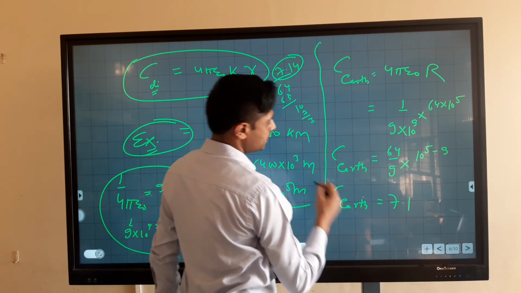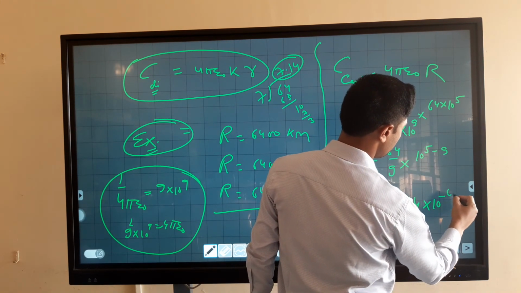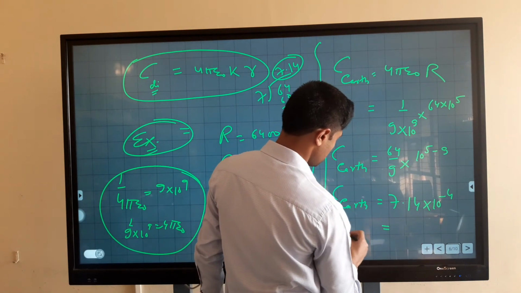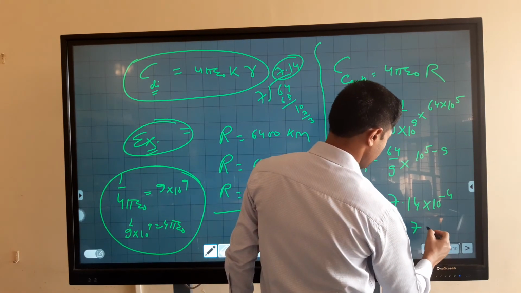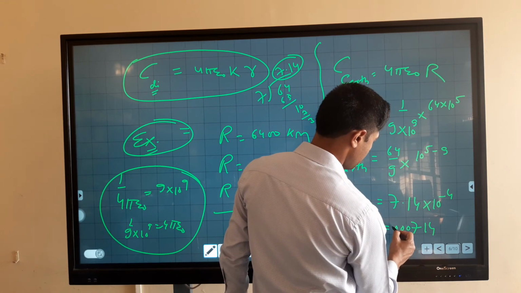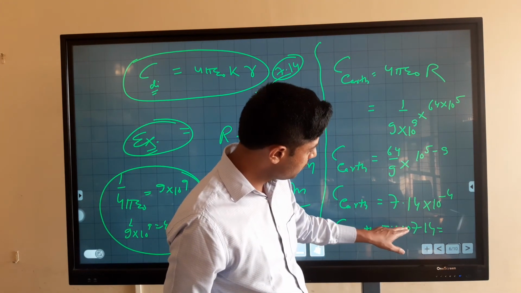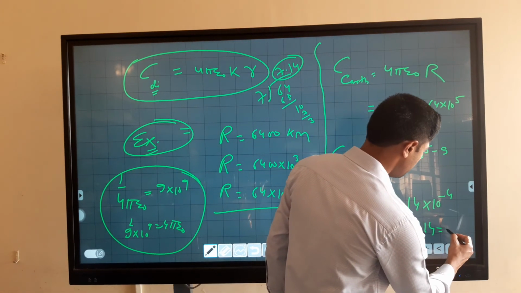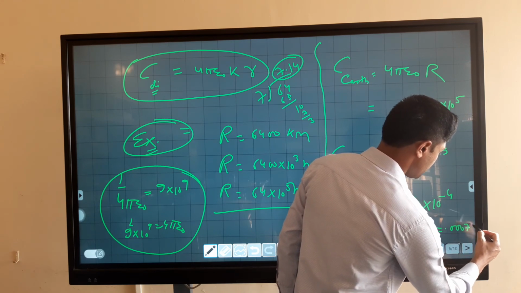It means the factor is 7.1 × 10⁻⁴. So the capacitance of the earth is 0.0007 farad.